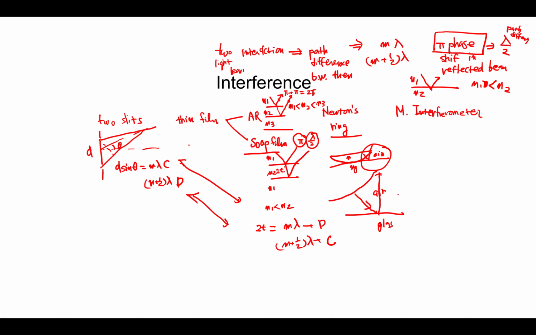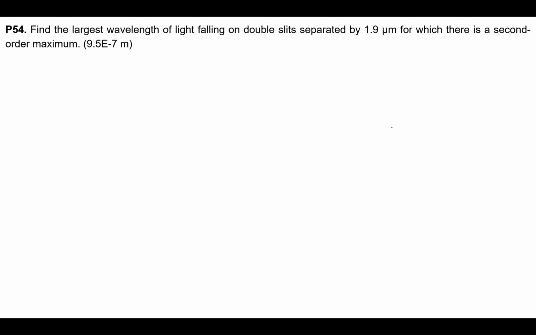So there's a pi phase shift, similar to the soap film. So soap film and Newton's ring share the same physics. There is already pi phase shift. Okay. The Michelson, there are no those kind of considerations. Anyhow, just keep in mind these differences.